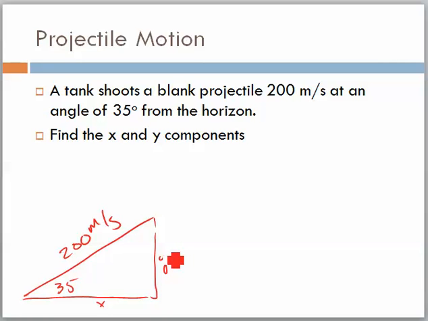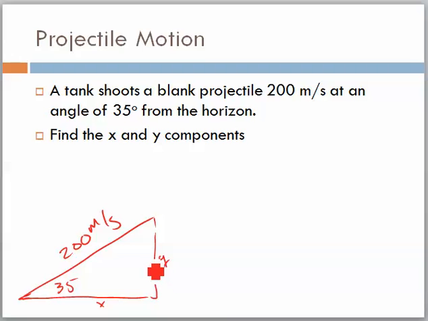Well, we just got done doing some force problems where we had something on an incline, and we took mg sine of theta to find the opposite and mg cosine of theta to find the adjacent. Well, it's not mg in this case, but it is still the hypotenuse.